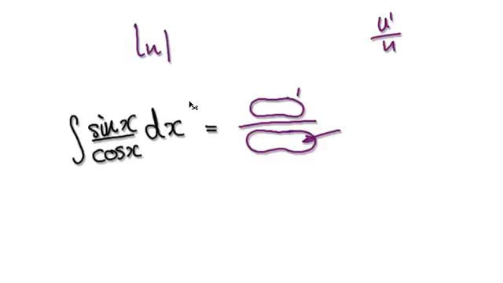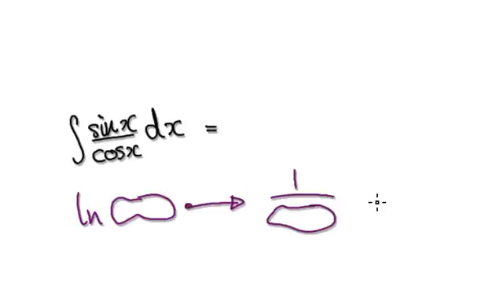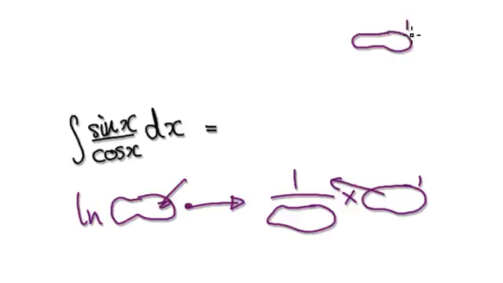Think about it: if I were to ask you how you would go about differentiating the natural log of a bubble, when you differentiate this, it will be 1 over the bubble, and then you've got to times with the derivative of the bubble itself. So this gets multiplied to the top. So you have the derivative over the original thing. Well, look at this. This is near enough, but with a minus.